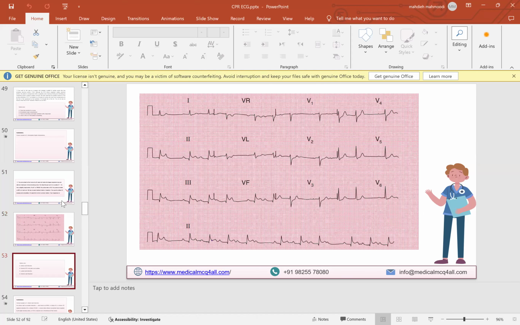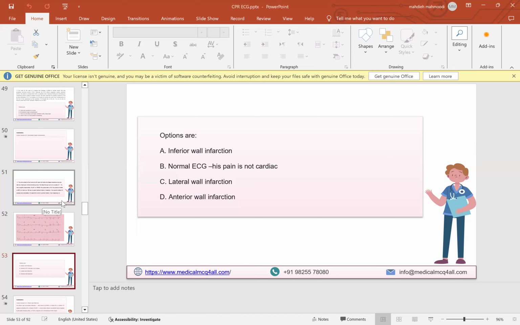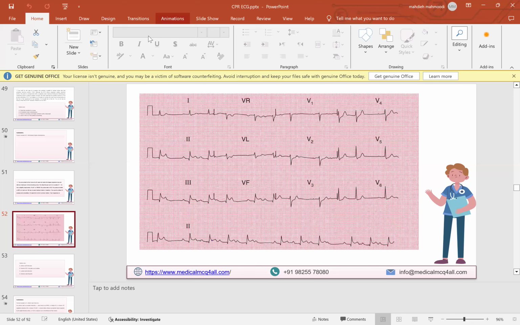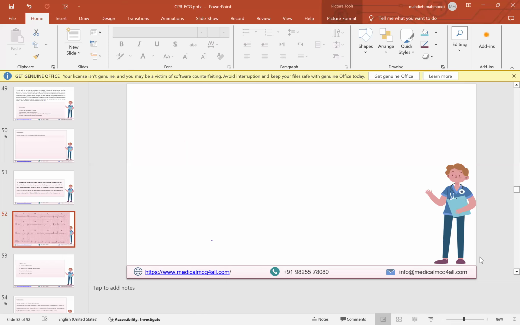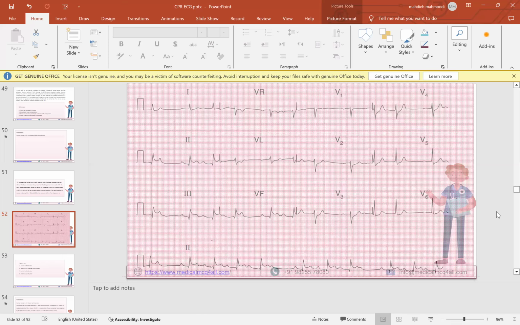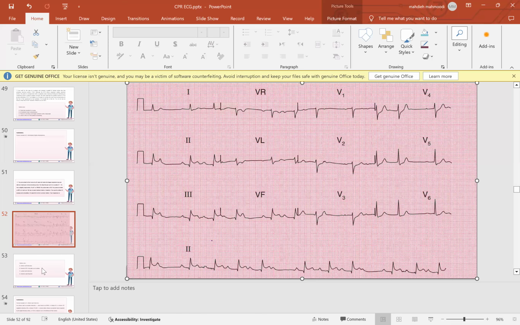What is the diagnosis? Inferior wall infarction, normal ECG, lateral wall infarction, anterior wall infarction. Very good.